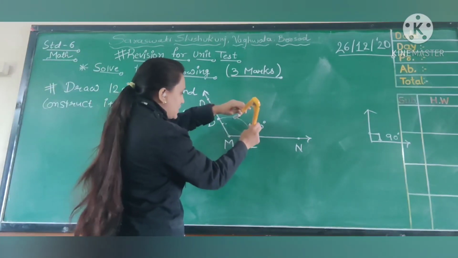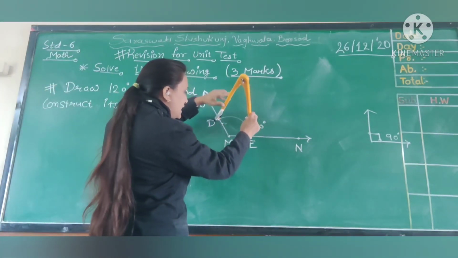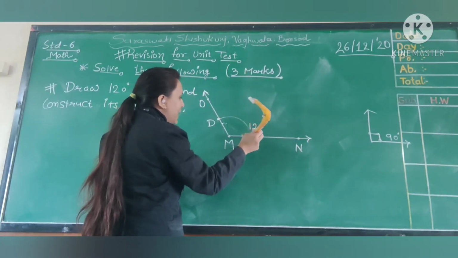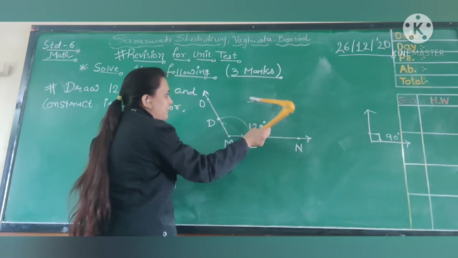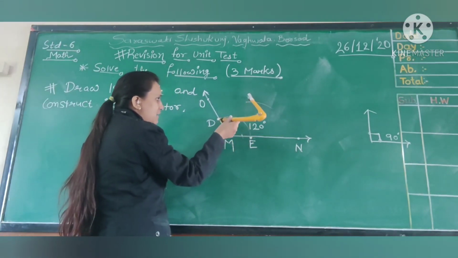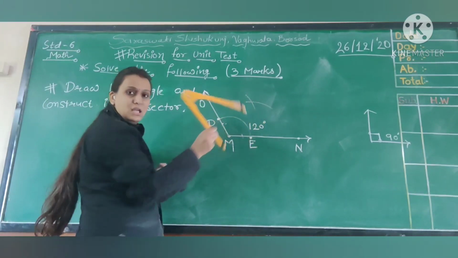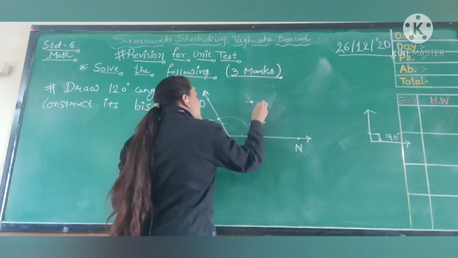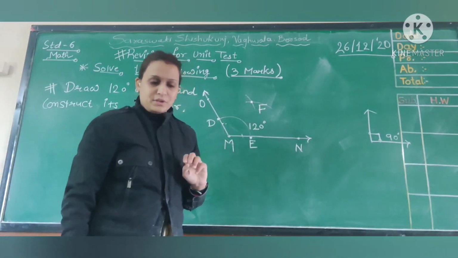So we take the measurement of D and E. Now we draw an arc from point E, and with the same measurement from point D. So you are able to find one point. Let us name it F.